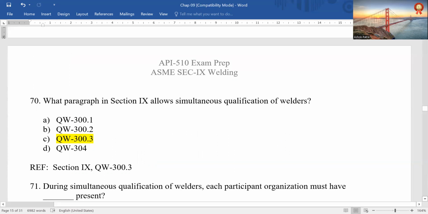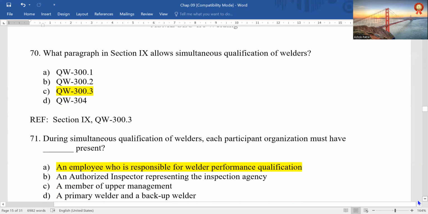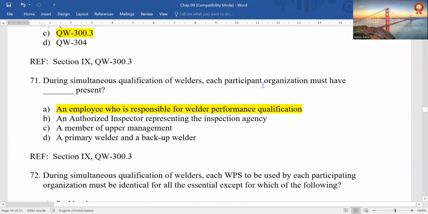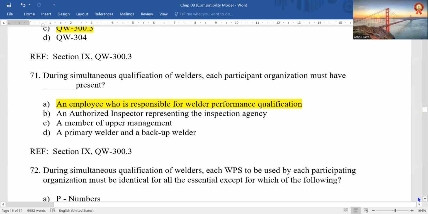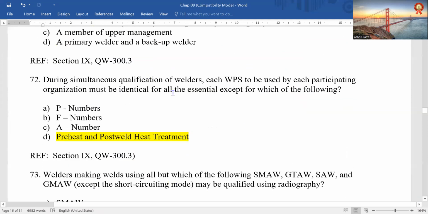During simultaneous qualification of welders, each participating organization must have an employee who is responsible for the welder performance qualification. During simultaneous qualification of welders, each WPS to be used by each participating organization must be identical for all essential variables except for preheat and post-weld heat treatment.